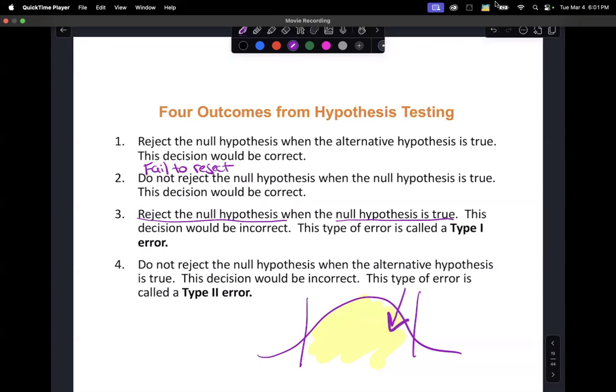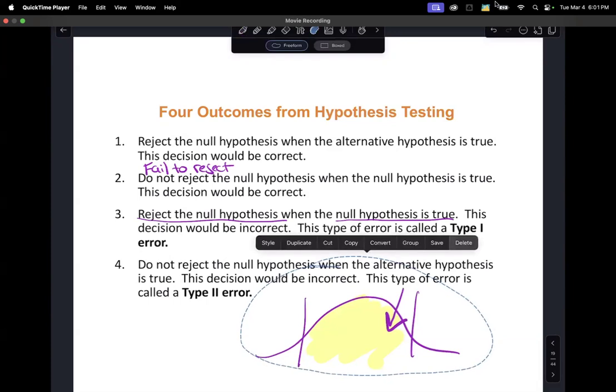If my sample landed inside the confidence interval, then I don't have evidence to support the alternative hypothesis. But if I reject the null hypothesis at this point, that's a type 1 error. Does that make sense?